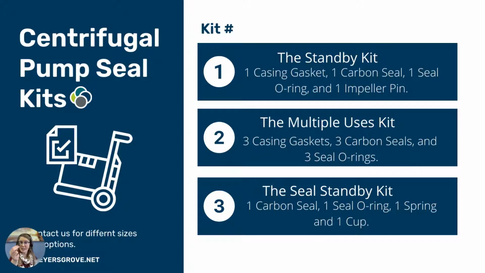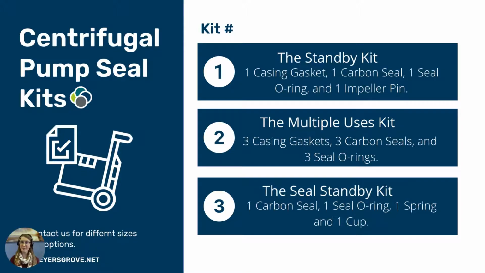Now, mind you, these come in different sizes, so you can get the 114, the 216, you can get the 218, or even the 4410. So just contact us and let us know what size you need or what different options you might be interested in. And then lastly, kit number 3 is going to include 1 carbon seal, 1 seal O-ring, and 1 spring and 1 cup as well.